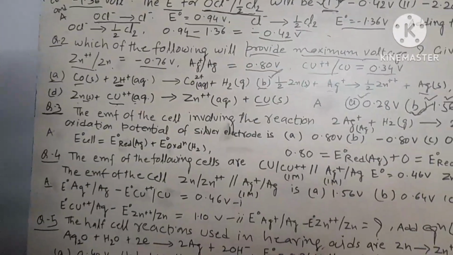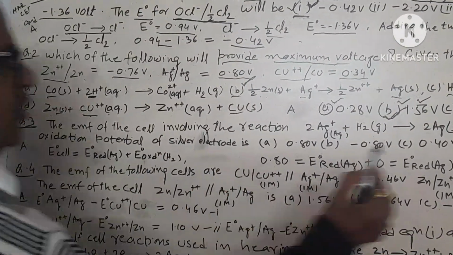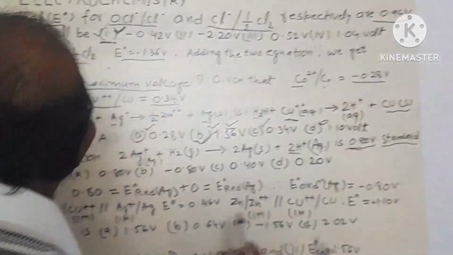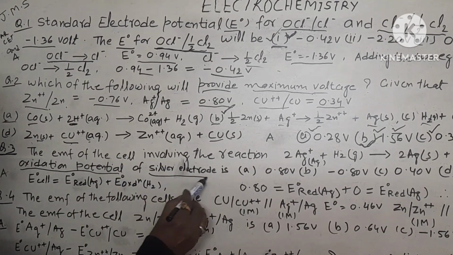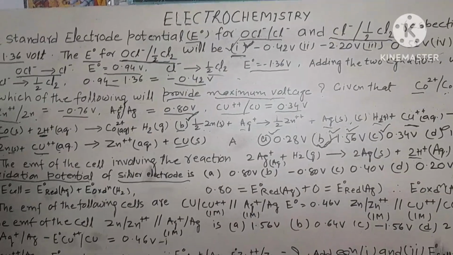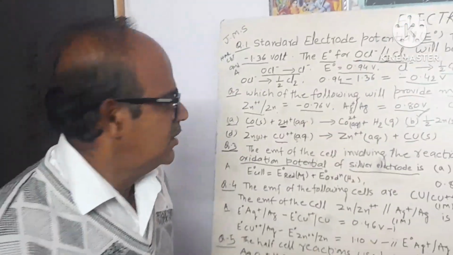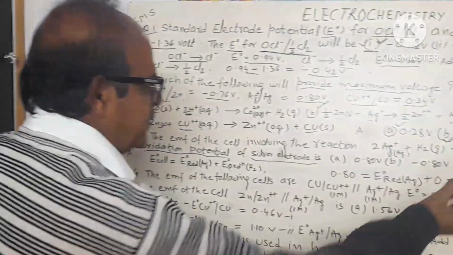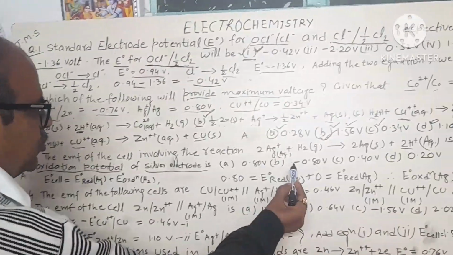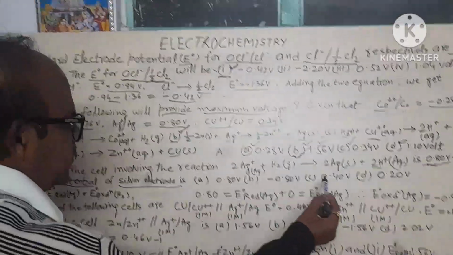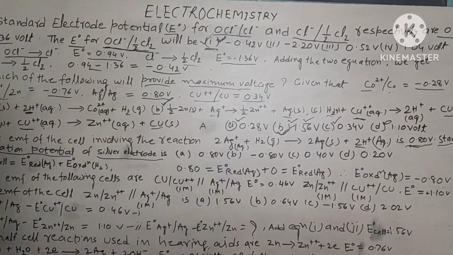You have to calculate the standard oxidation potential of the silver electrode. Four options are given. First option is 0.80, second option is 0.80 volt, third option is 0.40 volt, fourth option is 0.20 volt.